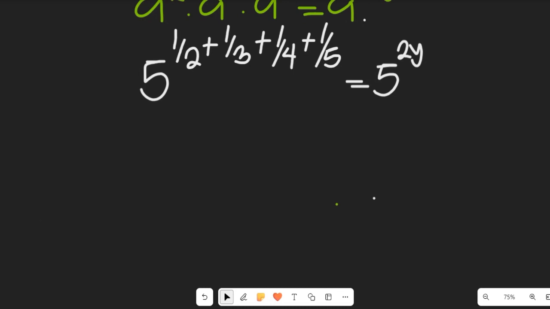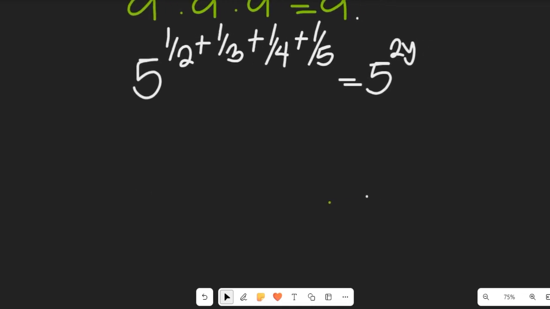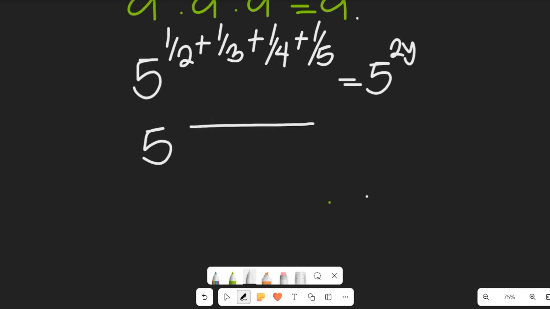From that expansion, we'll have 5 all to the power of, the LCM of the denominators, which is 60. So 60 divided by 2 gives us 30, and 30 times 1 is 30.